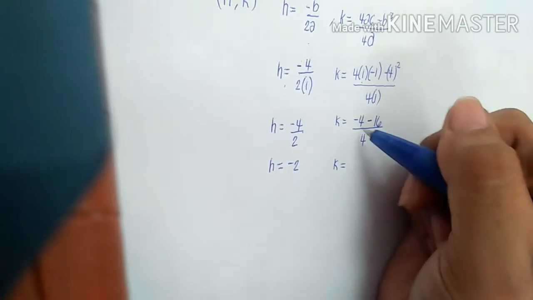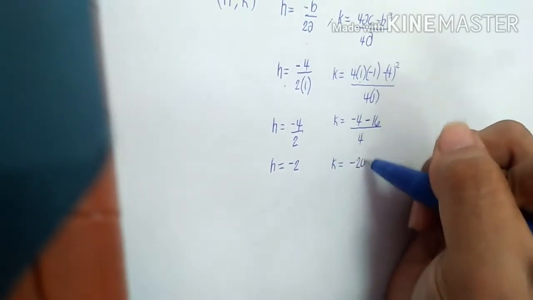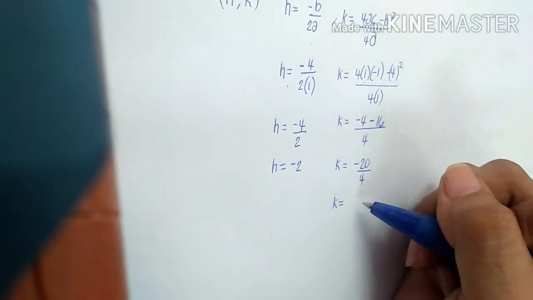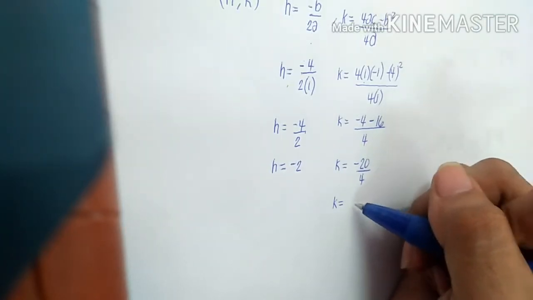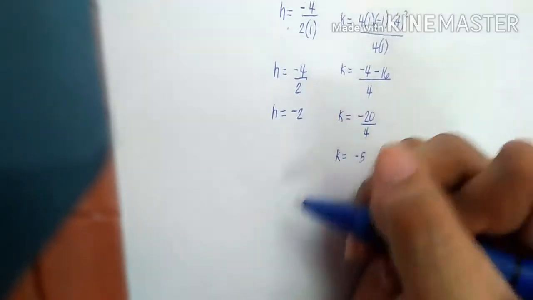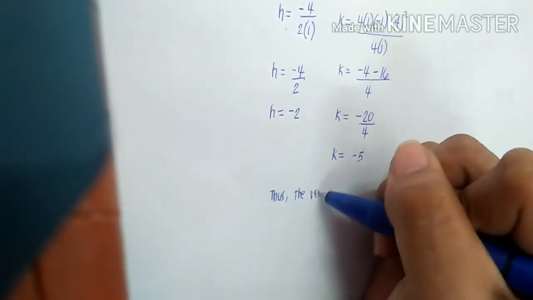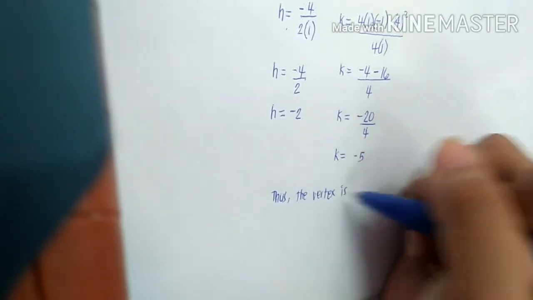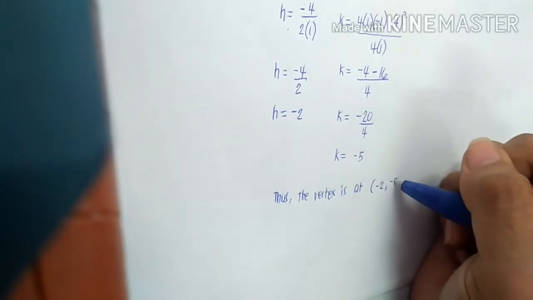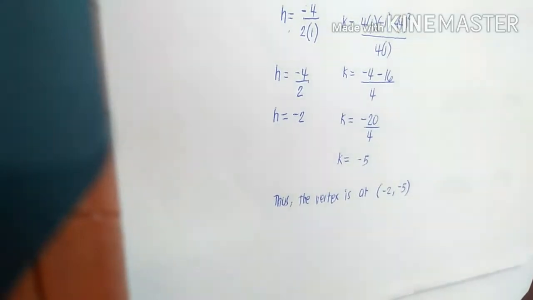So K is negative 4 minus 16, which is negative 20 over 4. So our K is negative 20 divided by 4, which is negative 5. Thus, the vertex is at negative 2, negative 5. Got it?